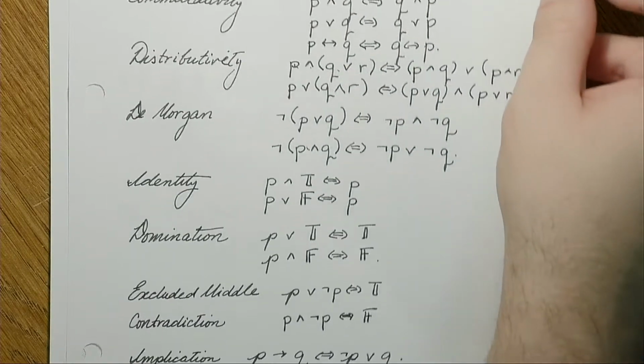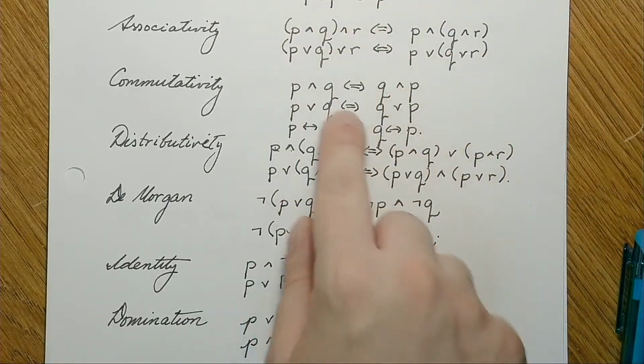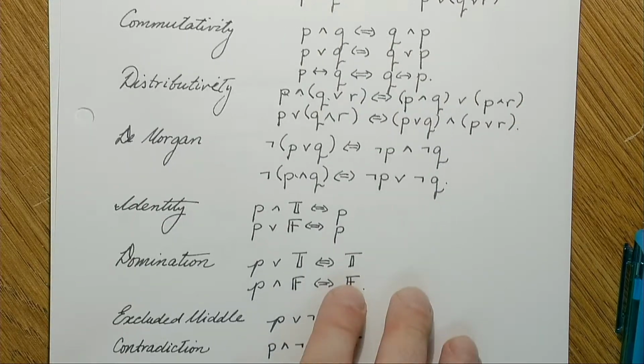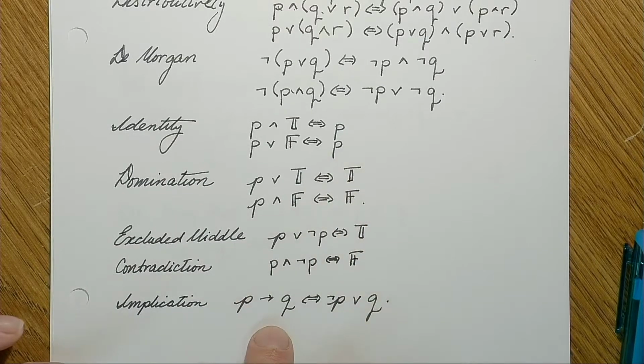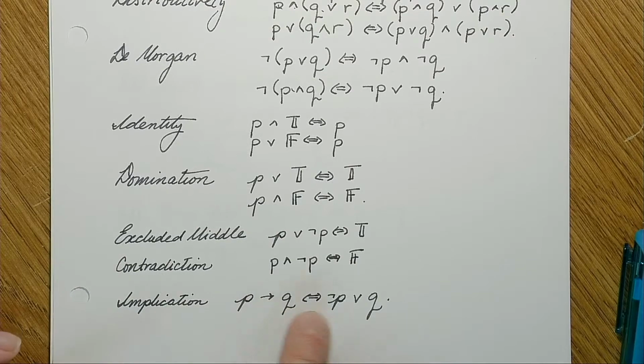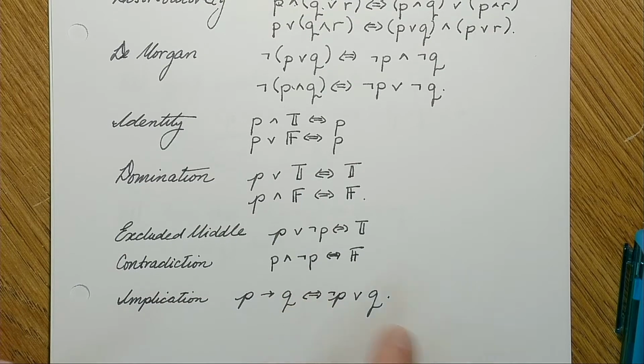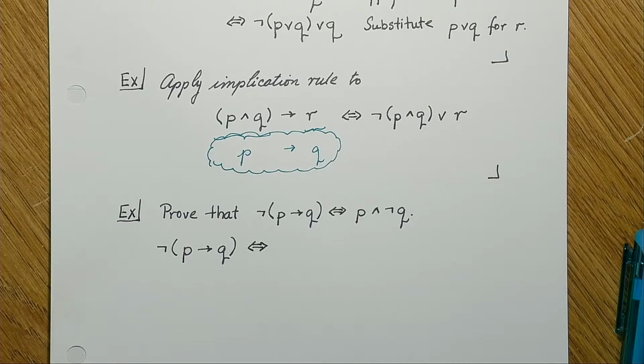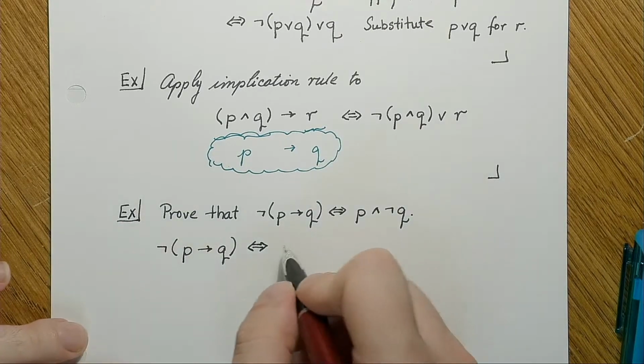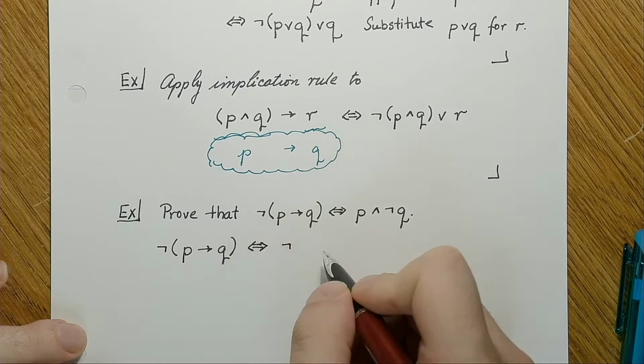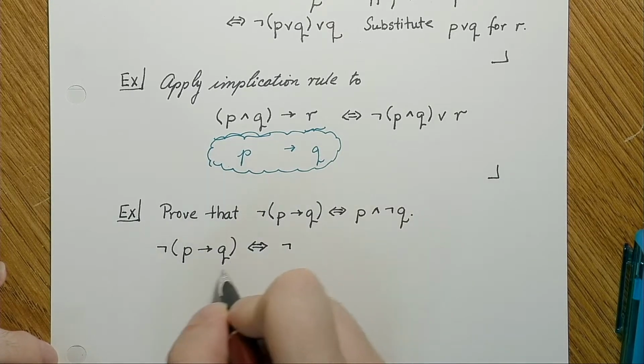The only rule at the moment where we have an implication is the implication rule. P implies Q is logically equivalent to not P or Q. So we'll apply it right there.